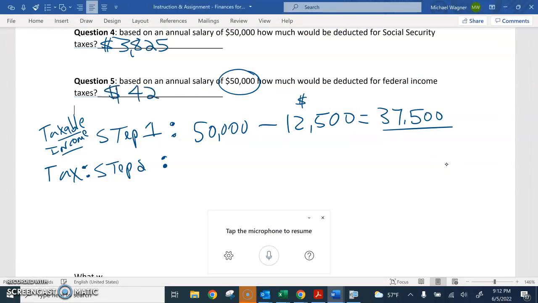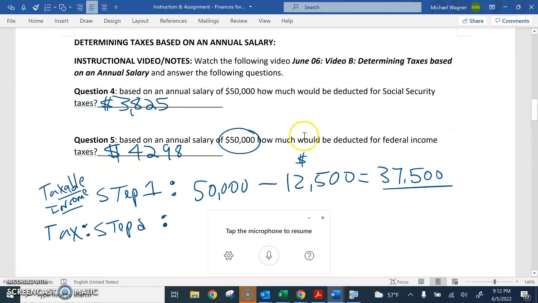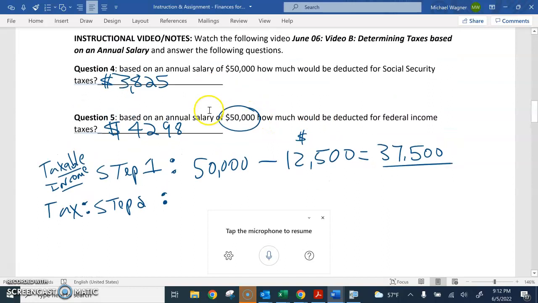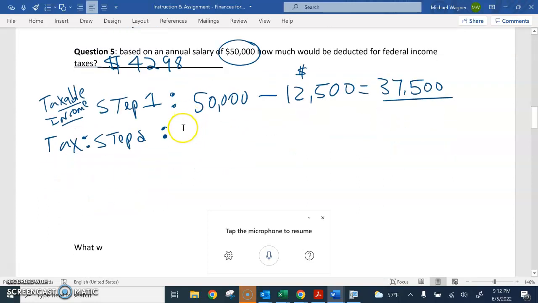What did I say, 98? Okay, good. So those are the taxes. Question number 6, which I haven't put here, but you're going to do next, is going to be what is your take-home pay per year?